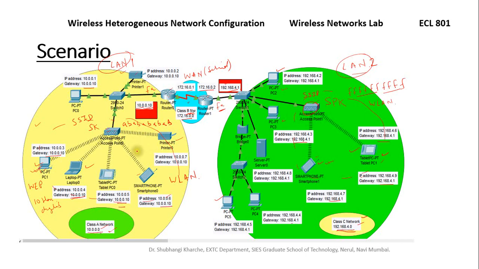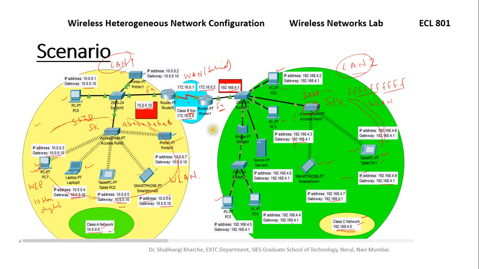Then the LAN 1 has the wired devices as well as the wireless devices. This component is the wireless local area network formed using the number of wireless devices and the access point. Similarly here, the green network, LAN 2 network, has got the combination of wired devices as well as wireless devices. The access point and these two wireless devices is forming a wireless local area network.